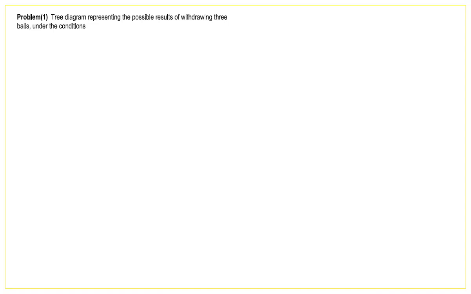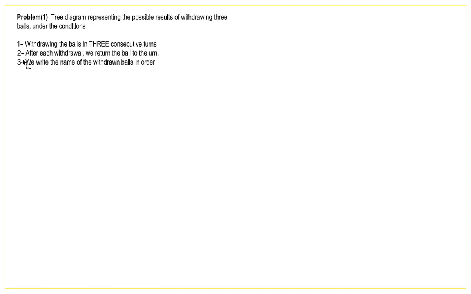So now let's compute the number of all possibilities using the tree diagram under the previous 3 conditions, which we mentioned earlier.